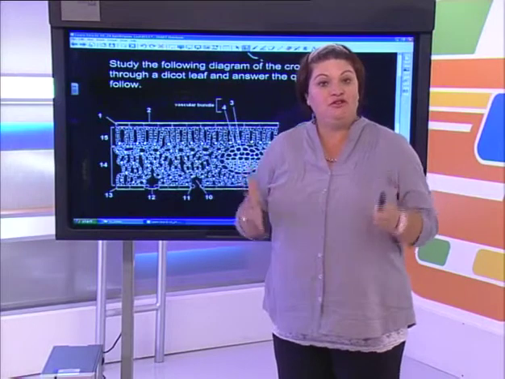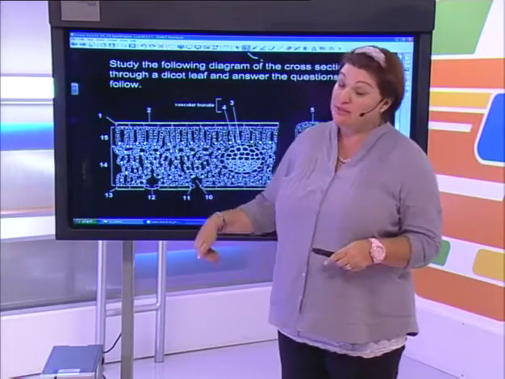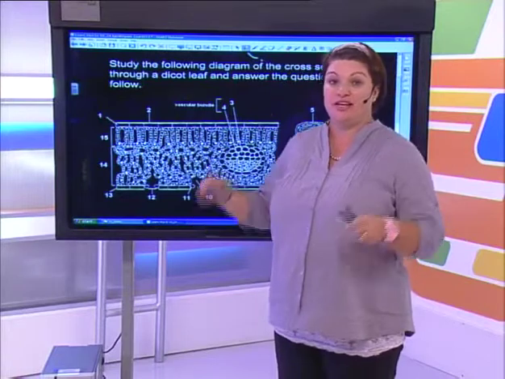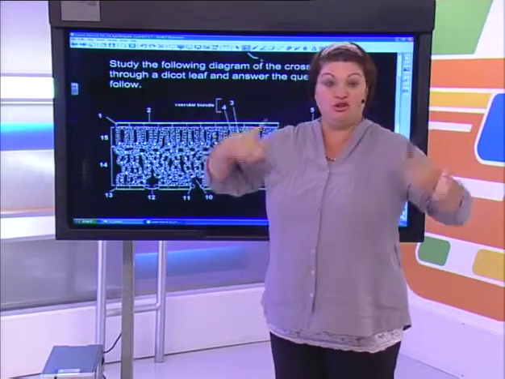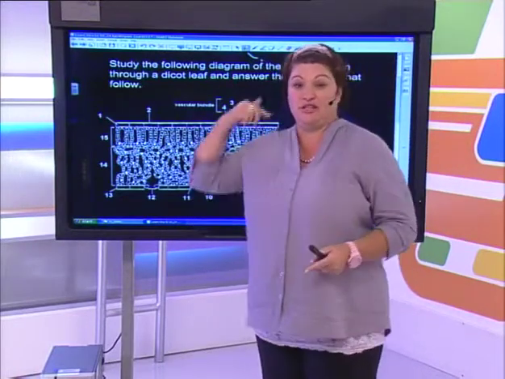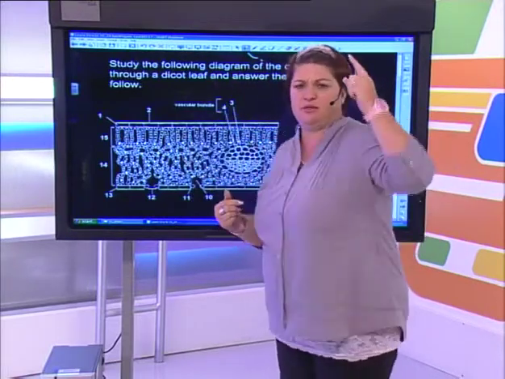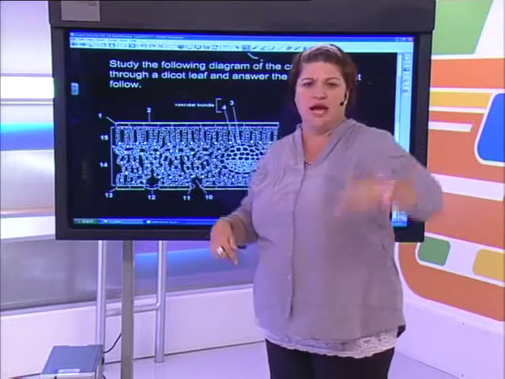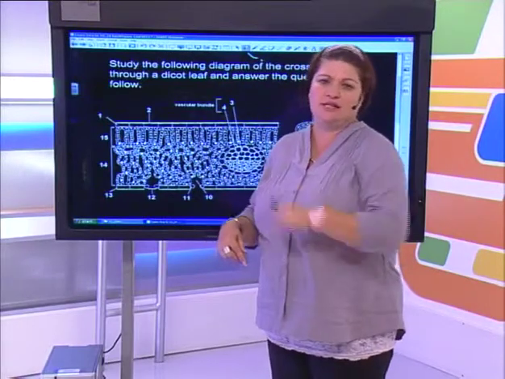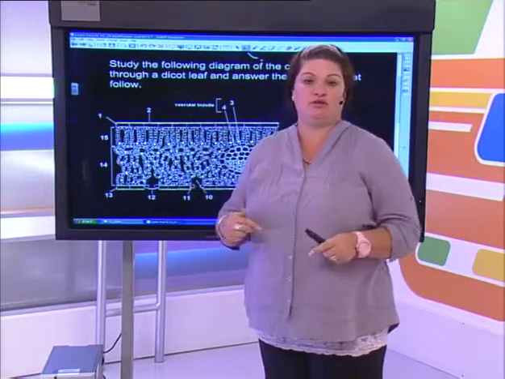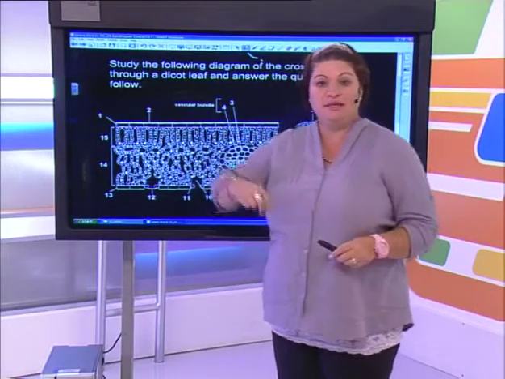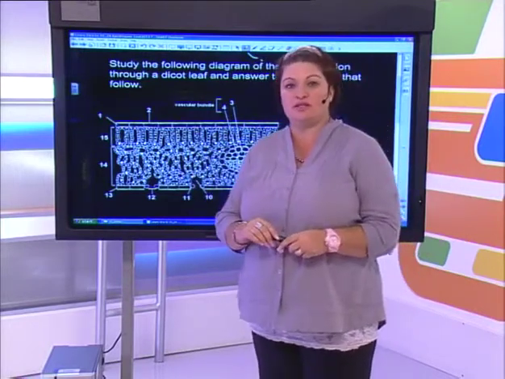If you know your diagram, and it's very similar to the one we went through just now, all that terminology needs to go through your head. You need to think upper epidermis, lower epidermis, palisade mesophyll, spongy mesophyll, cuticle, xylem, phloem, intercellular spaces. All of that should be going through your mind. So let's take it one step at a time and see how we can answer these questions.